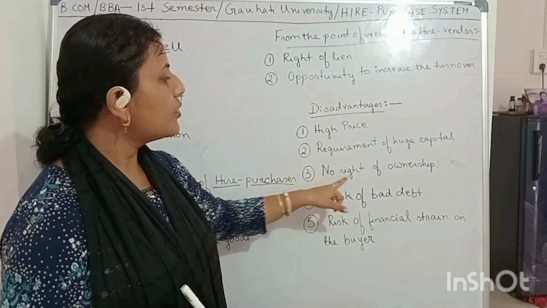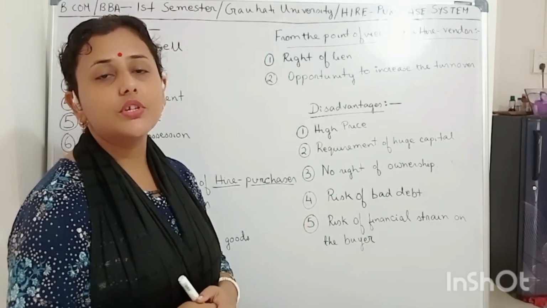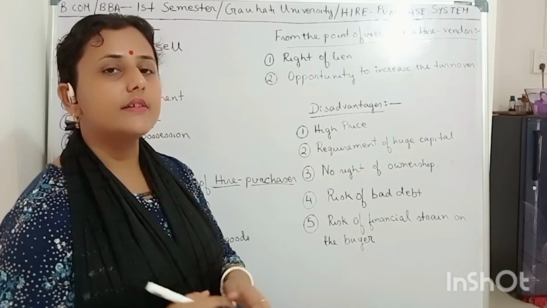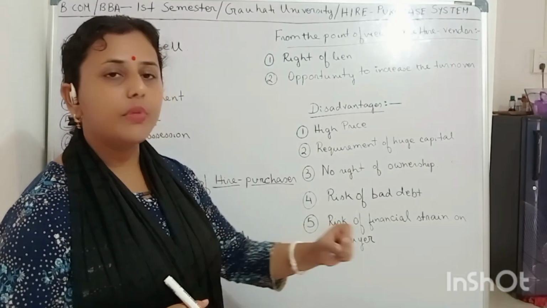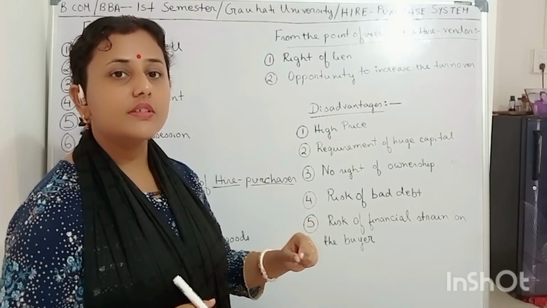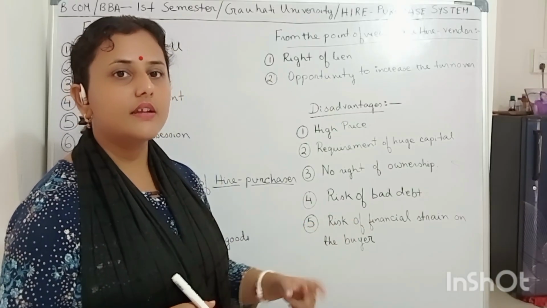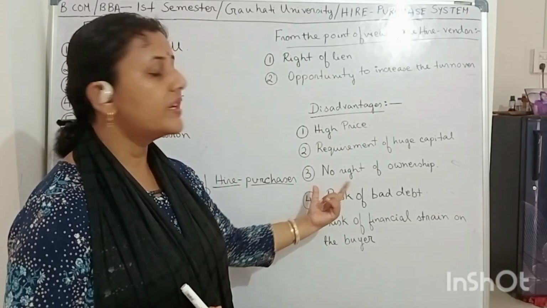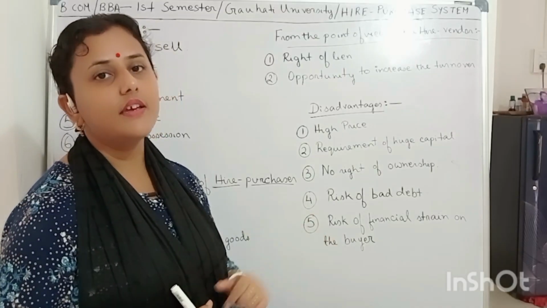Then you see no right of ownership. The hire purchaser does not have the right of ownership until he pays the last installment. So he cannot sell the asset until the last installment is paid, because he could not get the ownership of the asset.